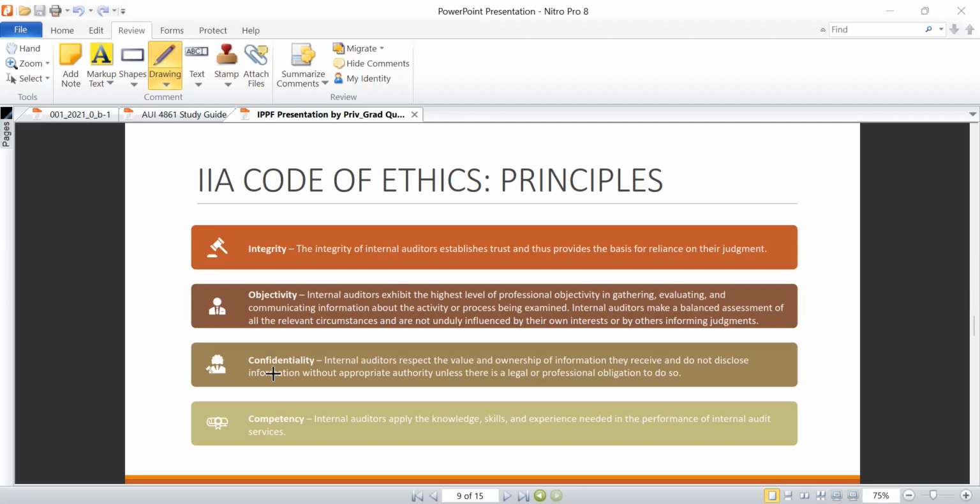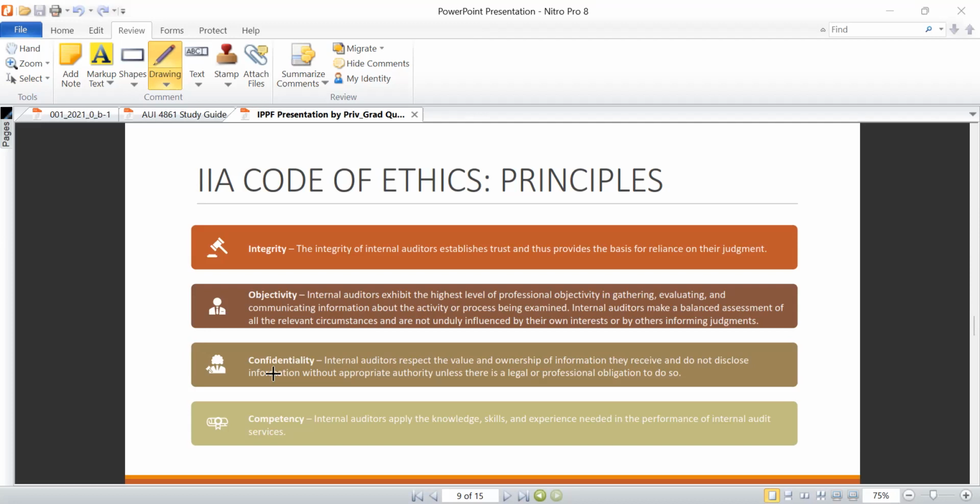Then competency. Competency deals with three important things, which are to be maintained, and the auditor continually applies these in conducting the audit engagement. One is knowledge: the internal auditor has to have the knowledge for the audit assignment they're going to perform.